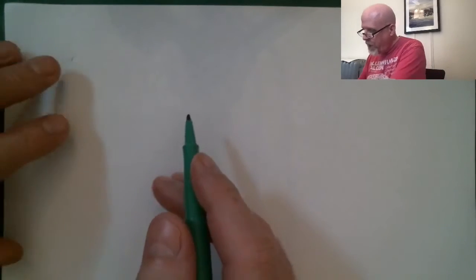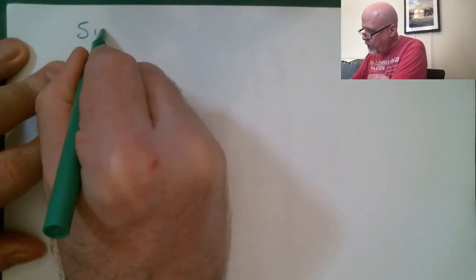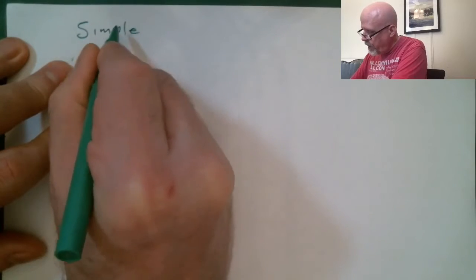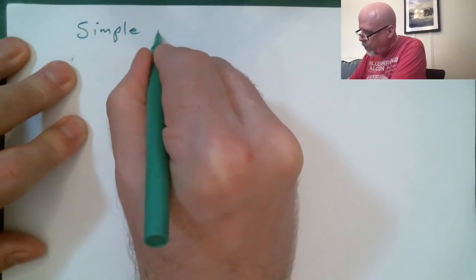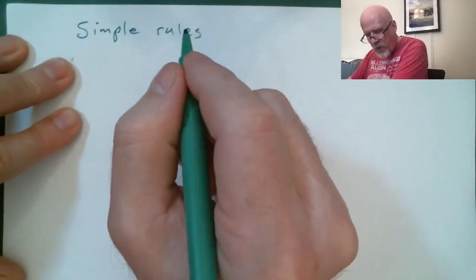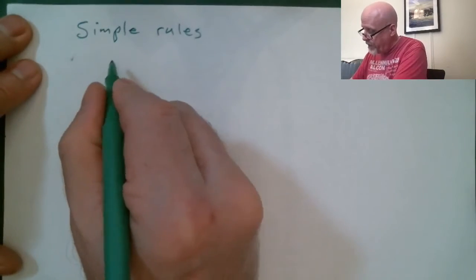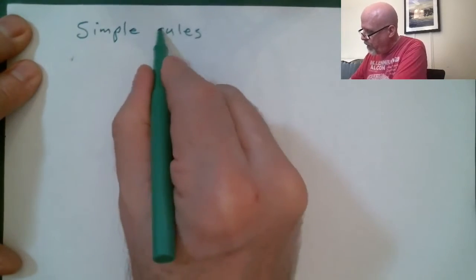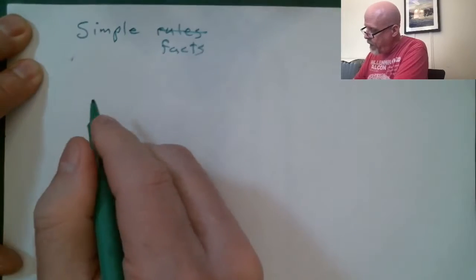There are some very simplistic rules that we can use, and I'm not going to worry too much about arguing why these are the case. It's just something that I want you to know about because you'll just use these facts. So maybe I should say simple facts about derivatives, because I'm not going to prove them.